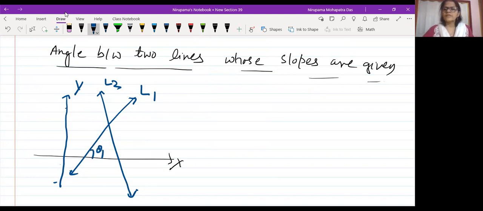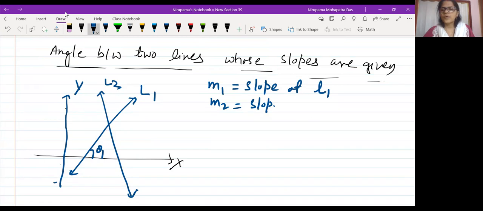Because we are given slopes, suppose the slope of L1 is M1 and M2 is the slope of line L2. Let me take this inclination as theta 2. Now let's take the angle between two lines as theta. We want to get the angle between L1 and L2 whose slopes are given as M1 and M2.